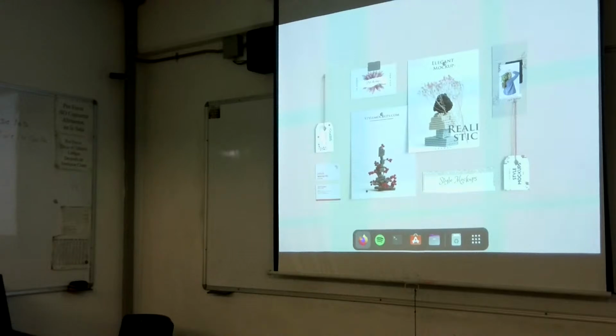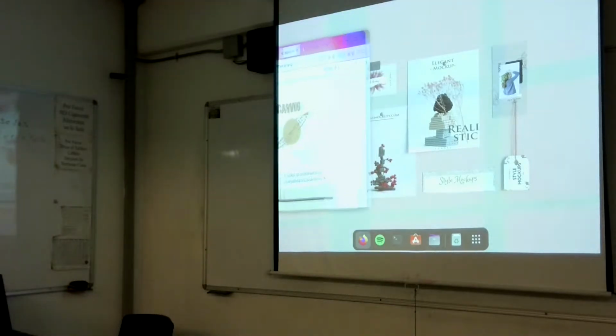I think you need to drag it to the left. It depends on how your desktops are set up. To the right? Yeah, to the right. Okay.